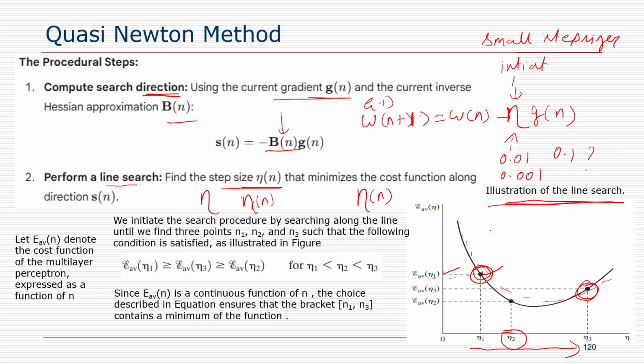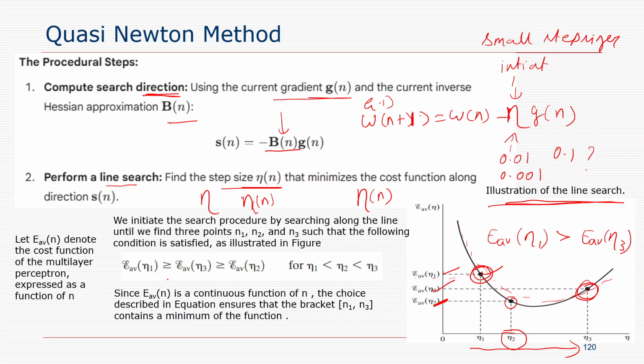And the error of eta 3 is greater than the error of eta 2, because this error is above and this error is below.